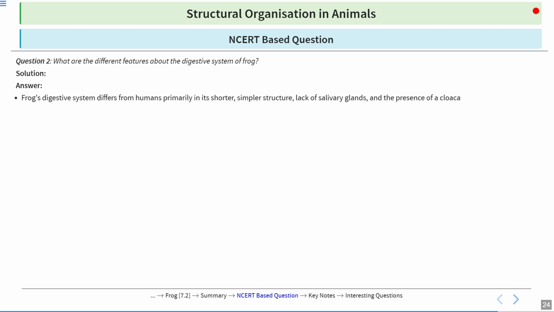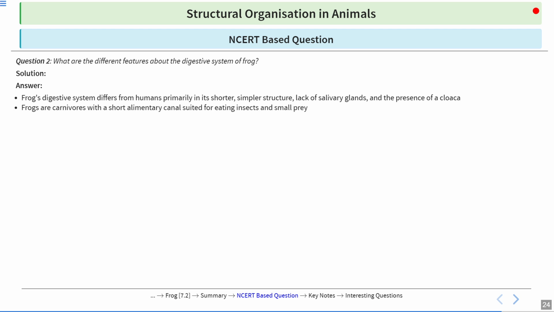In the case of humans, digestion starts in the mouth only because we have the salivary gland. We have the salivary amylase enzyme in our mouth. But here, they do not have salivary glands. And there is the presence of cloaca. Humans have an anus, whereas the frog has a second opening. The first opening is the mouth and the second opening is the cloaca.